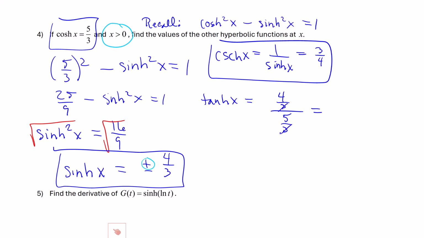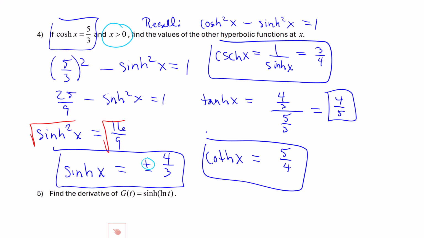The thirds would cancel in each case, giving us just 4/5 for the result for tanh in this context. Moving on, we could also get cotangent hyperbolic of x, which is really just the reciprocal of tangent hyperbolic, so that will just be 5/4. Again, we're just using the definitions that we have above, putting them together as needed here.